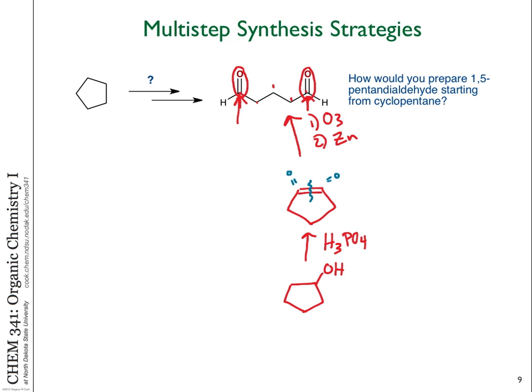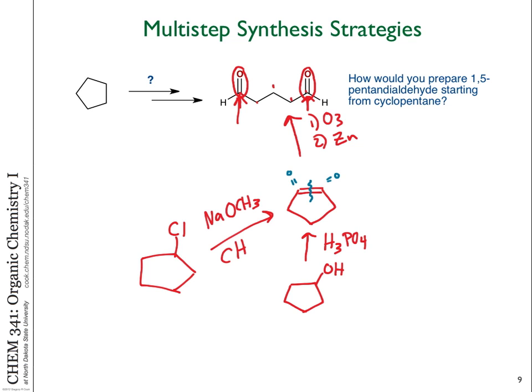There's another way we can do an elimination. What's the other functional group we can use to do elimination? Instead of starting from an OH group, we could start from a chlorine, right? We can do an E2 elimination using a strong base like sodium ethoxide or methoxide.